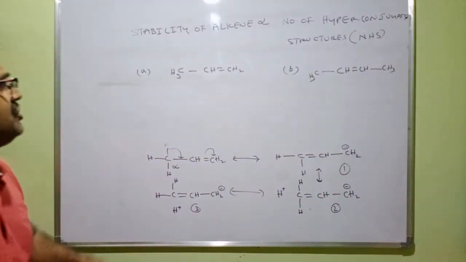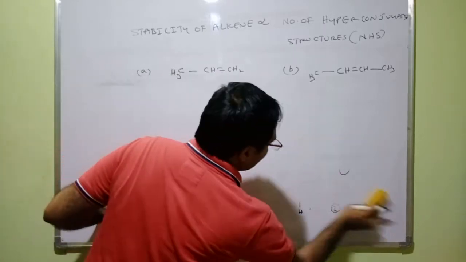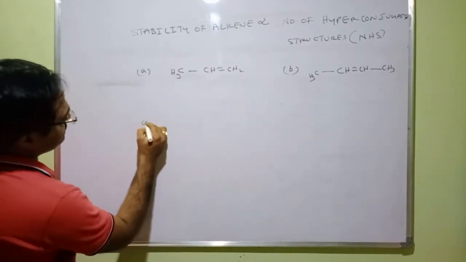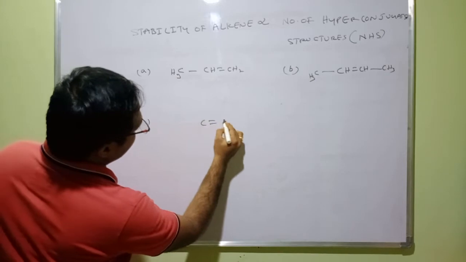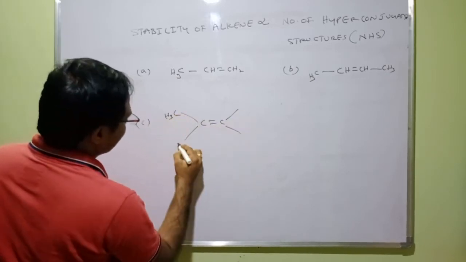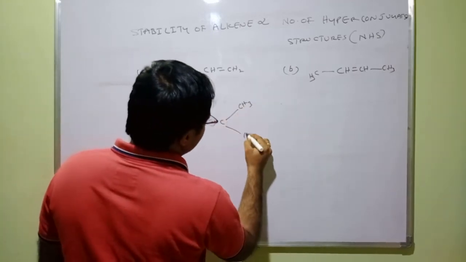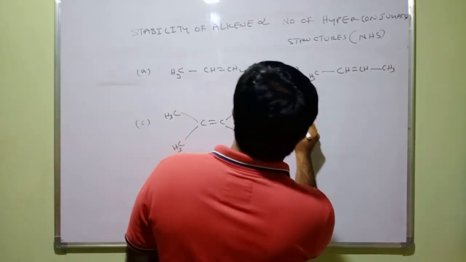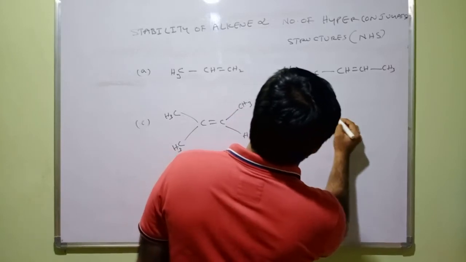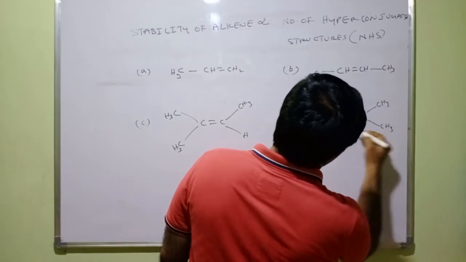So this is one alkene, this is the second alkene. Now I will give two more options. So let me take CH3 CH3 H, and here CH3 CH3.